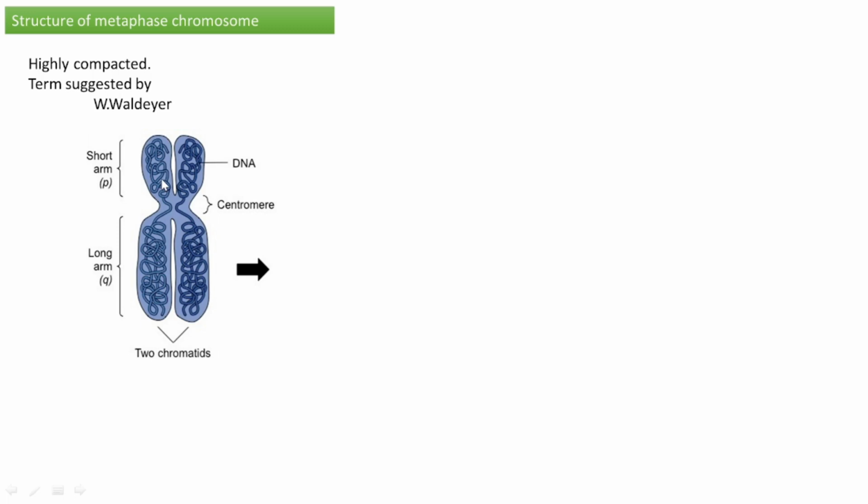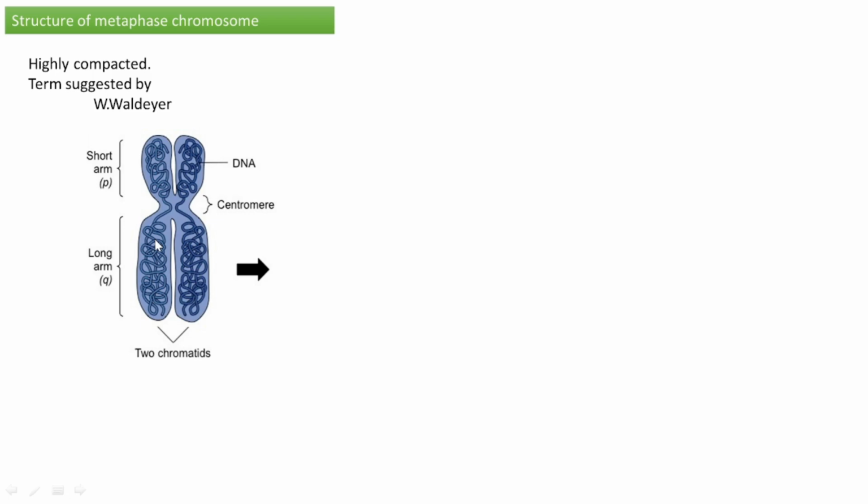Why is it transcriptionally inactive? Because, as we learned, as the chromatin becomes condensed to form a chromosome, it is in a highly condensed, compacted stage, and that DNA is not at all available or extended to carry on transcription.